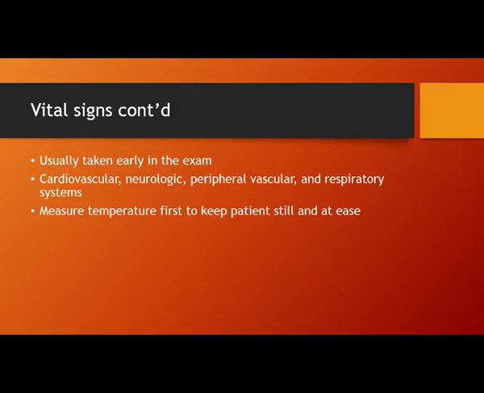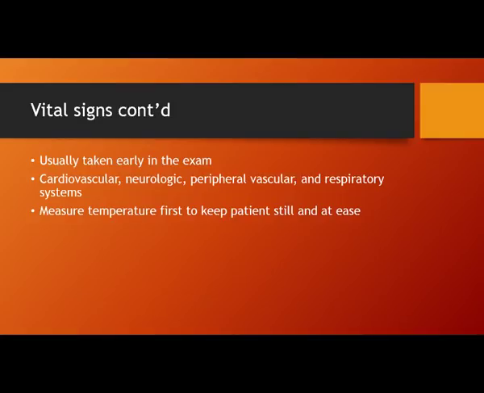They can carry a lot of information in one little piece of data that's quickly obtained. Another reason is that you want to do familiar things first, because most clients will be familiar with vital signs, so you want to do familiar things to set them at ease with you before you proceed to more invasive or less familiar things.